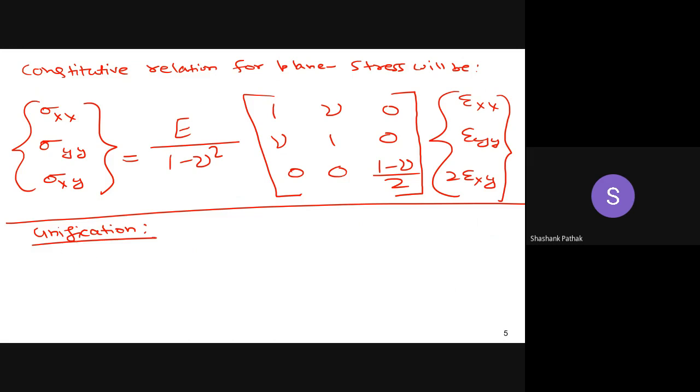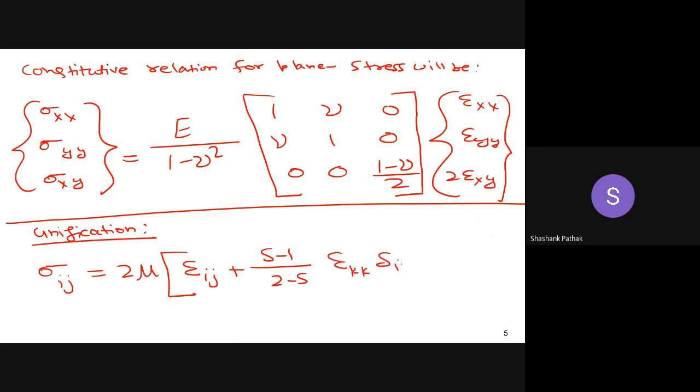So we can write the two constitutive equations like this: sigma ij equal to 2 mu epsilon ij plus s minus 1 upon 2 minus s epsilon kk delta ij, where i, j, k all go from 1 to 2 because this is a plane problem.